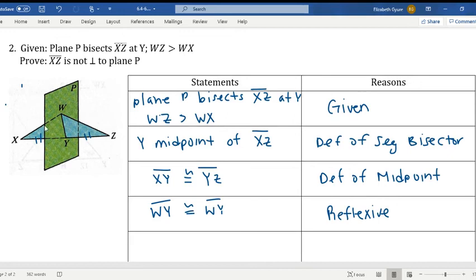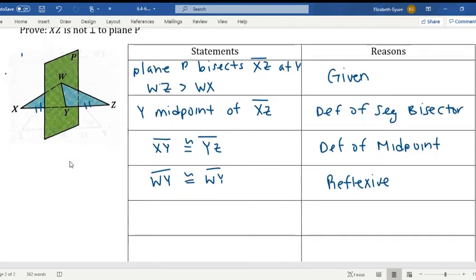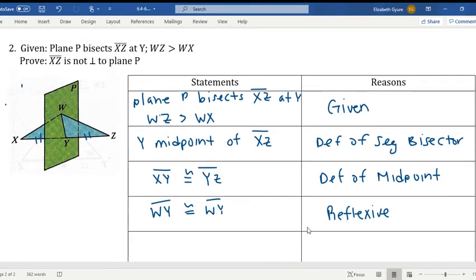So now I have my two sets of congruent sides. I don't really need anything else, do I? I actually think I have an extra line here, because I think one way to do it is to put your given in two different places. But if I already know that WZ is greater than XZ, won't I be able to imply here that angle WYZ is greater than angle WYX?